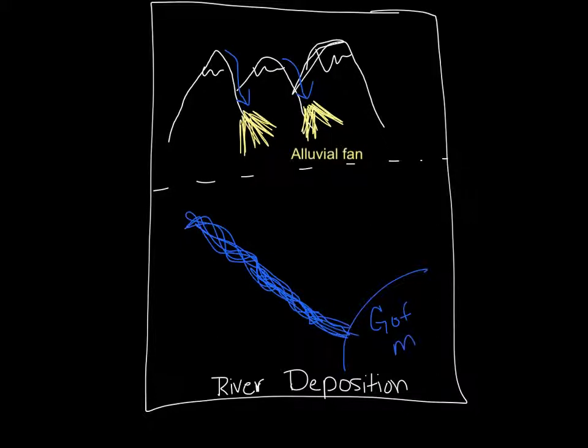Okay, it's going really fast, freely, and then all of a sudden it hits a big body of water. And right here it slows down. Well, it was carrying all this sediment with it. Okay, but when it got to the Gulf of Mexico, it lost its strength, lost its power, and it dropped the sediment. Well, where a river drops sediment at the mouth of a large body of water, we call that a delta.